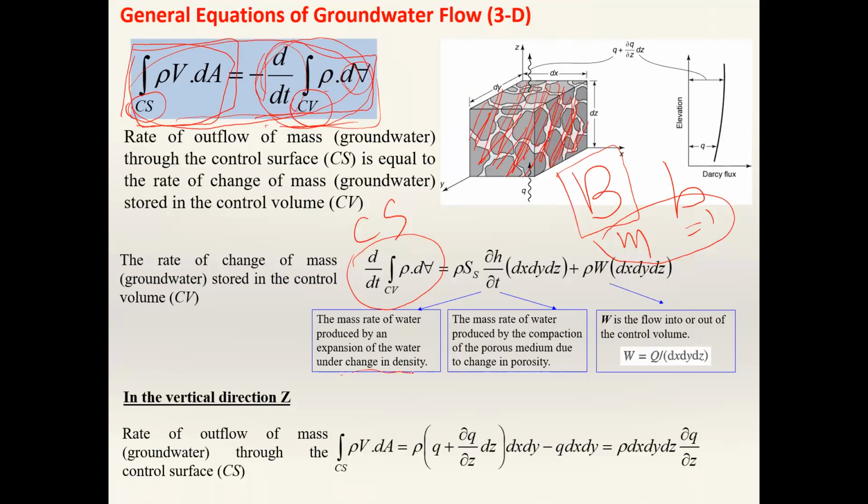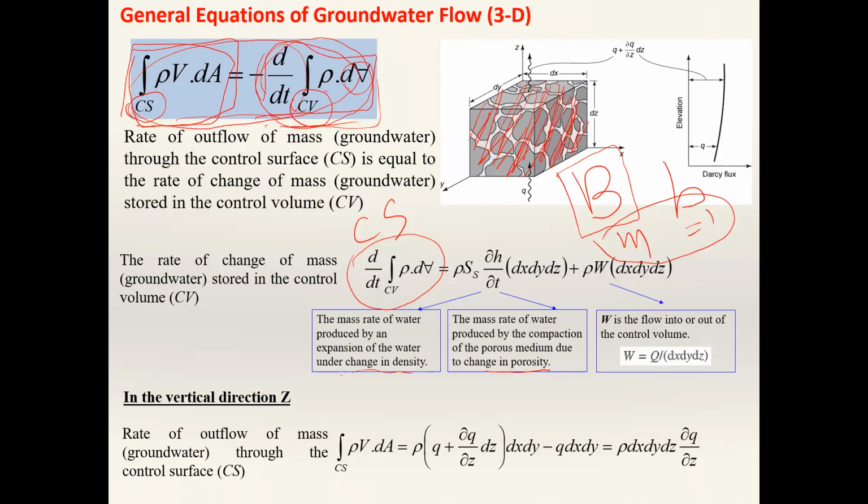Second is the mass rate of water produced by the compaction of the porous medium due to change in the porosity. In the aquifer, this water is holding the pressure coming from the soil layers, right? In fact, the bulk modulus of elasticity of the water is quite high. Therefore, a large amount of pressure can be borne by this water body.